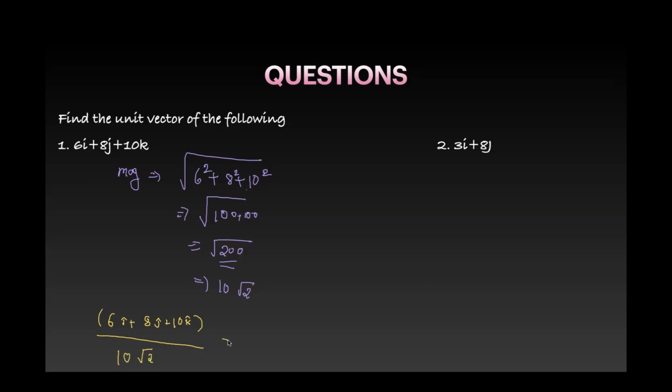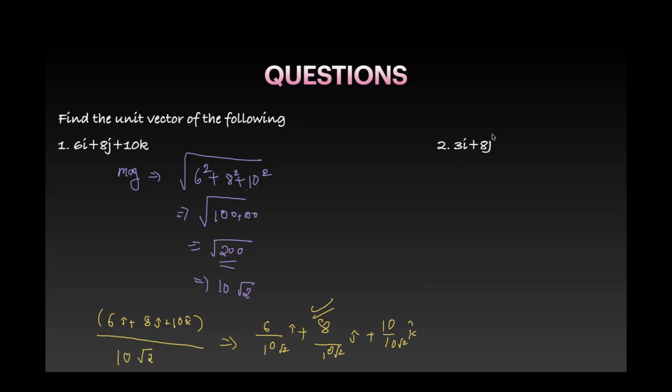You can split it individually. Write it like 6 by 10 root 2 i cap plus 8 by 10 root 2 j cap plus 10 by 10 root 2 k cap. Simplify it further, rationalize, and you'll get the answer. That's it. Done. Try the second question.